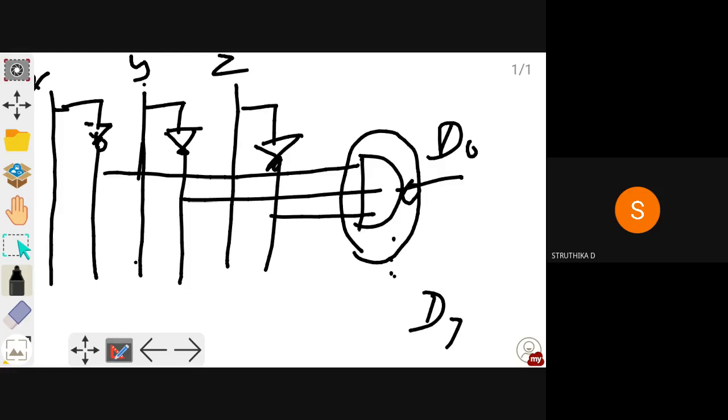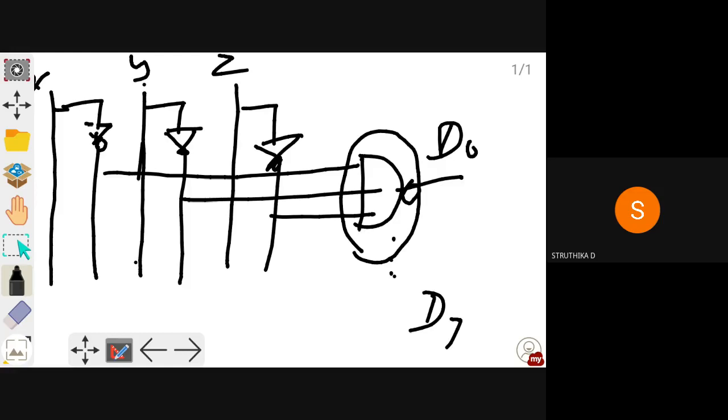If you are designing using an AND gate, that particular minterm will be 1 and the rest of the outputs will be 0. So only one output will be 1 for each row. Whereas if you are designing using a NAND gate, the particular minterm will be 0 and the rest of the outputs will be 1. That is the reverse of this.